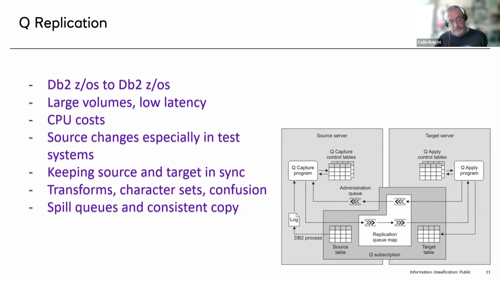And all of that operation is not free. You're going from a DB2 potentially to another DB2 using MQ, probably 2 MQs in the middle. And as the diagram shows, there's various queues, admin queues, control tables.